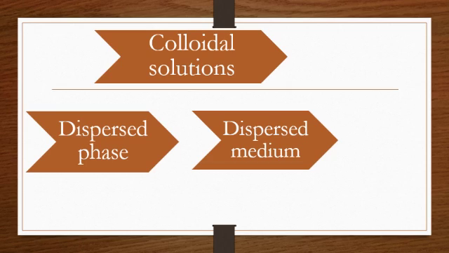Dispersed phase means the substance distributed in the dispersion medium in the form of colloidal particles, and the dispersion medium means the medium in which the substance is dispersed in the form of colloidal particles. The colloidal system obtained is called colloidal dispersion, or simply a colloid.